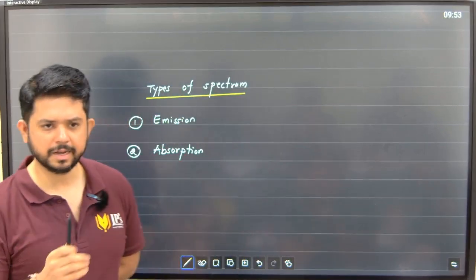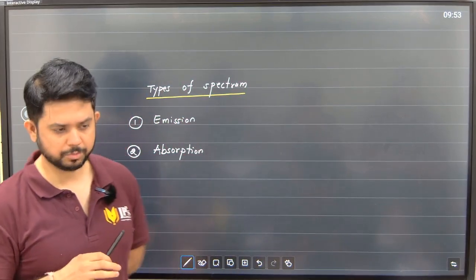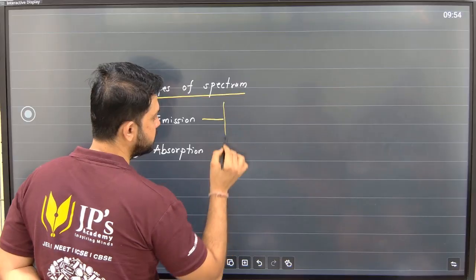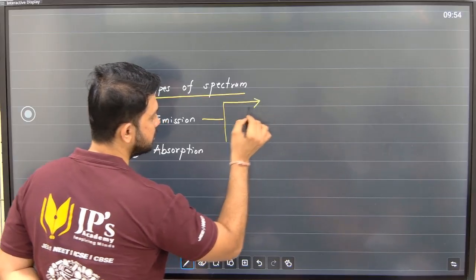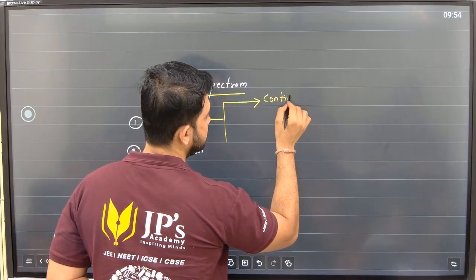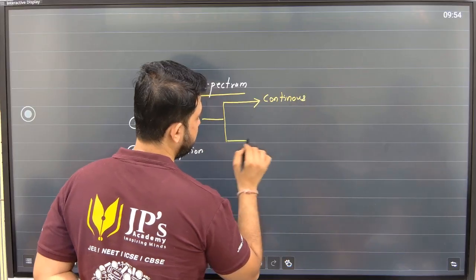Okay, we'll understand each emission as well as absorption in detail. Emission further gets divided into two types: continuous and discontinuous.